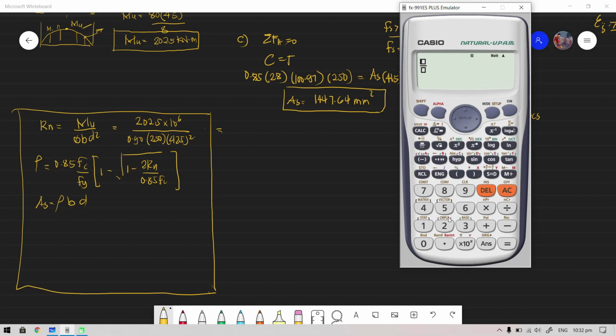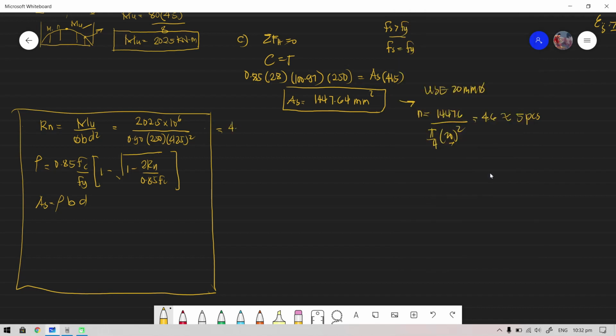Mabilisan na lang to. So, we have 0.9 times 250 times 425 squared. So, meron kang 4.98 megapascal to.